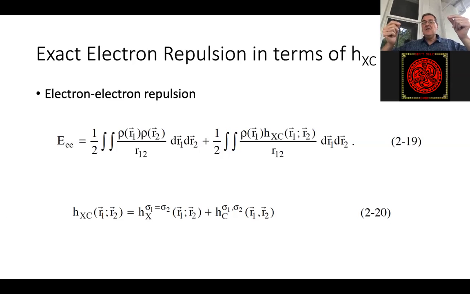It doesn't dissociate to 2 electrons in an orbital that could sometimes be on the same side or here or here. It's 1 and 1. Okay? That's correlation. Somehow we have to tell the density through the exchange correlation hole that when the bond of H2 stretches, it's really got to put 1 electron here and 1 electron here. And that's the challenge.